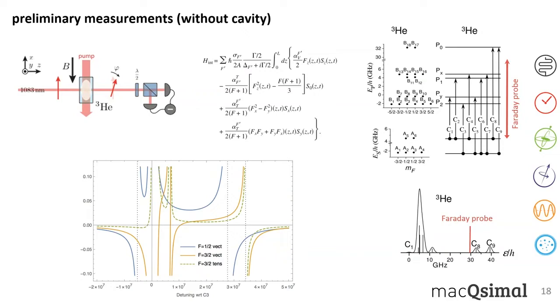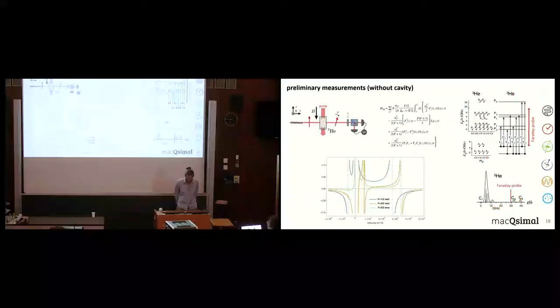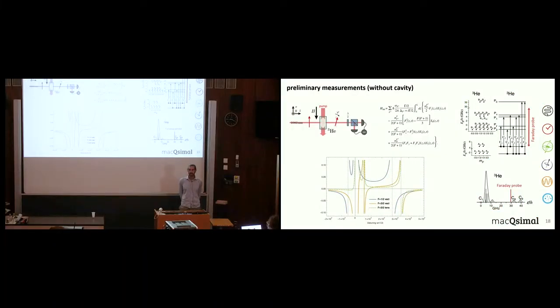It's also interesting to see that there are many possible working points, for example points where the tensor interaction goes to 0, or points where interactions have different signs, that could be exploited depending on what is interesting for the application.